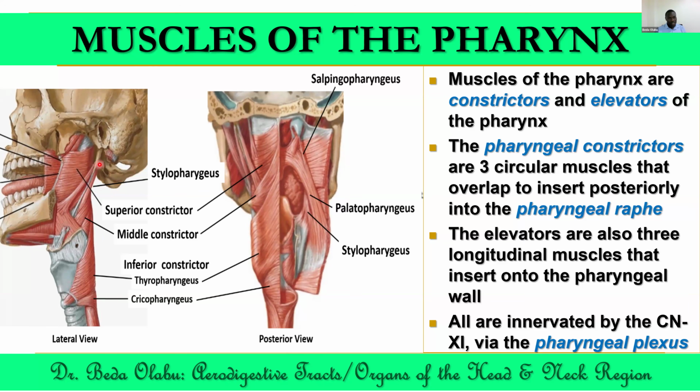So this is the stylopharyngeus. You can see even if it's coming from outside, it enters. And then we have here the salpingopharyngeus and the palatopharyngeus. And this is inside of the pharynx, from the nasopharyngeal region going down to the oropharyngeal region.